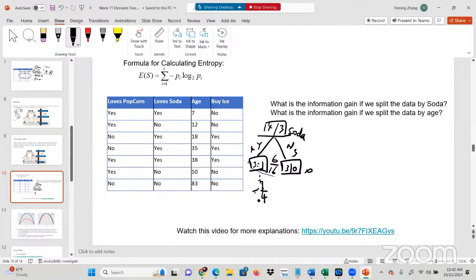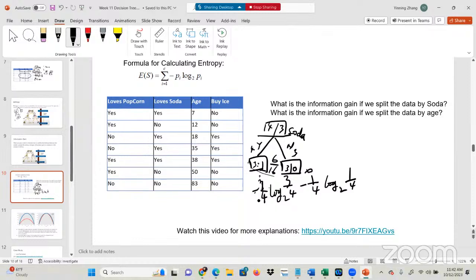I'll do the third first. 1/3 log 2 of this one, and then minus 1/4 log 2 of 1/4. Okay, that's the entropy of this node.